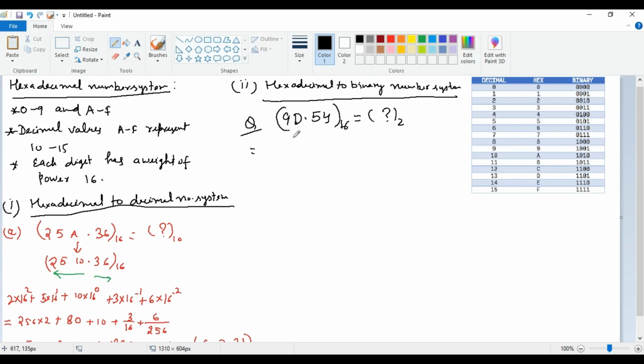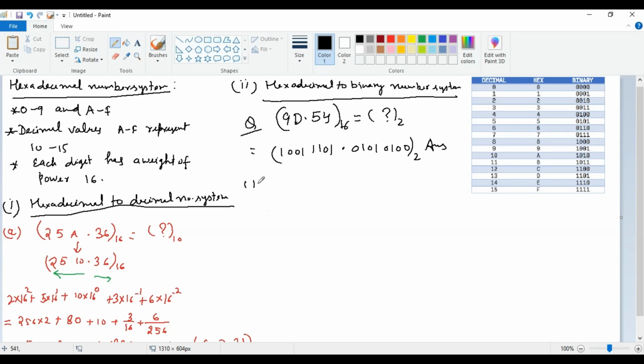D means 1101, right? 9 means 1001. Point, the decimal point. 5 is 0101, 4 is 0100. So it is the hexa to binary conversion. This will be the answer.